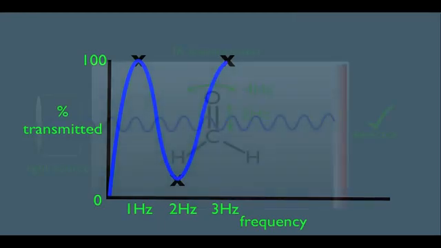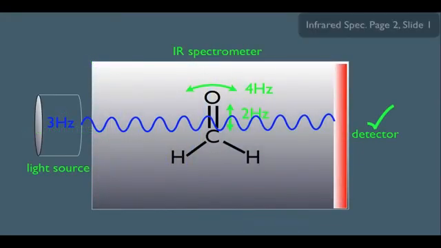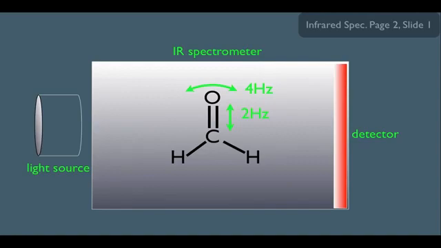However, let's go back to our IR and let's talk about one more case here. What if we set the light source this time to 4 Hz frequency light? If you've been following along, since this molecule does wag at 4 Hz, then we should expect this light to be absorbed by the molecule. But just to let you know, in some cases, not all of the light is absorbed.